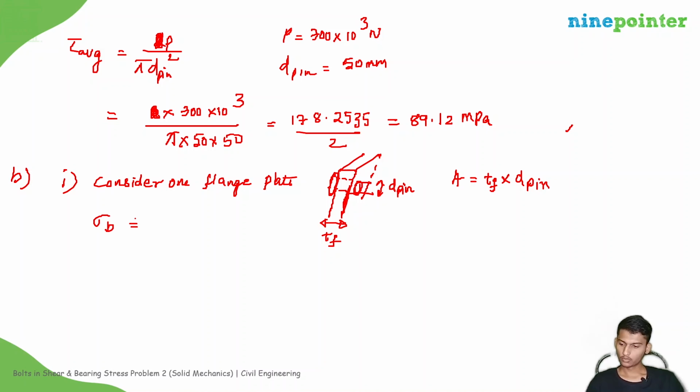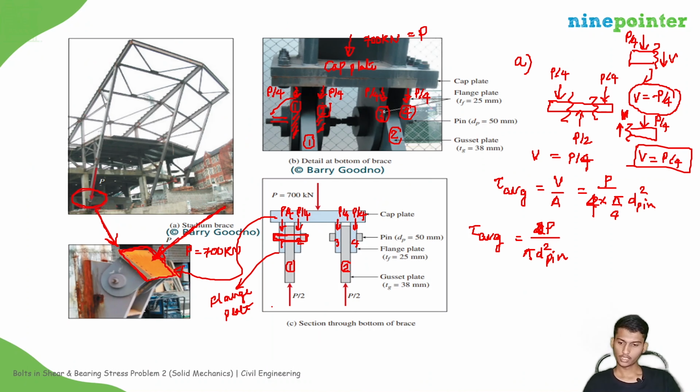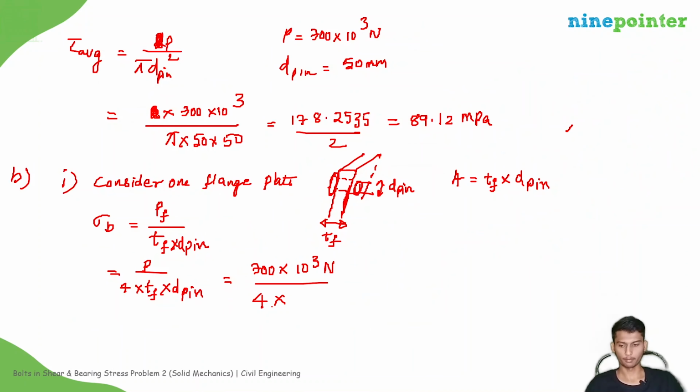So sigma B is equal to PF, force in flange plate, divided by TF into D pin. What is PF? PF is P by 4. What is TF? TF value is 25 mm. And D pin is 50 mm. Okay, now let us put the values. 700 into 10 cube newtons divided by 4 into 25 into 50.